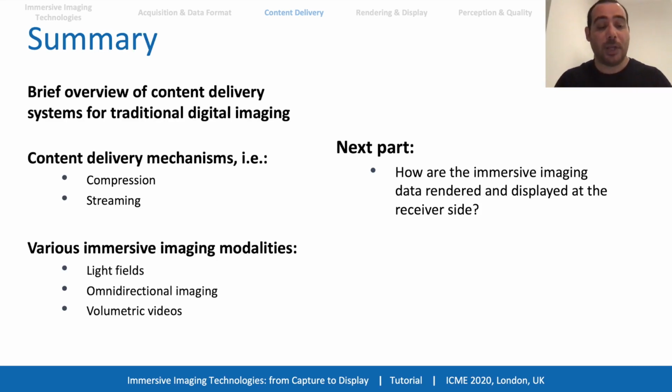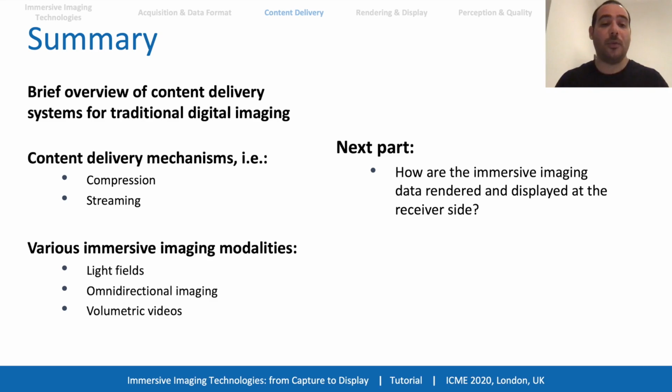And as a summary, today we talked about content delivery systems for traditional digital imaging, and we talked about content delivery mechanisms such as compression, coding standards, and some example works, and streaming solutions.